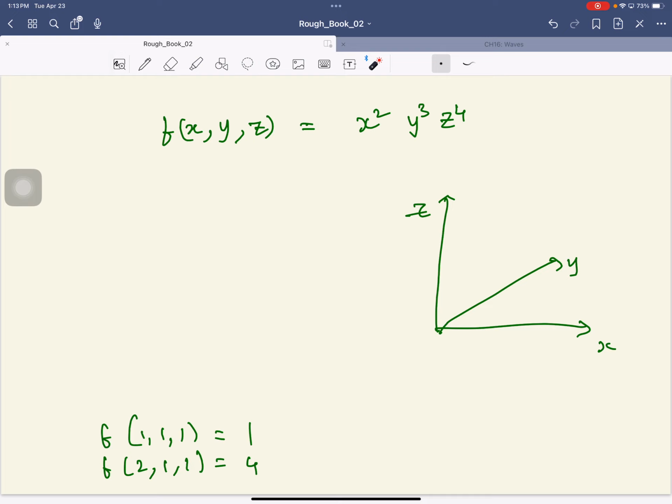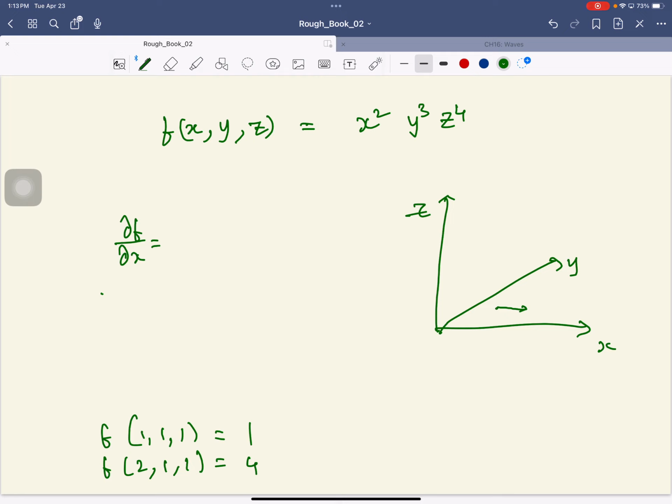Now you can ask the question: how does the function change if I travel along the x-axis? That is given by del f by del x. How does the function change when you travel along the x-axis?